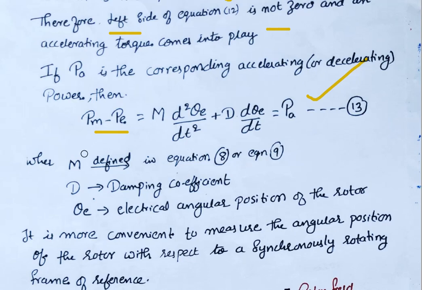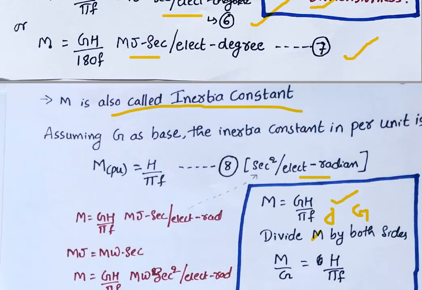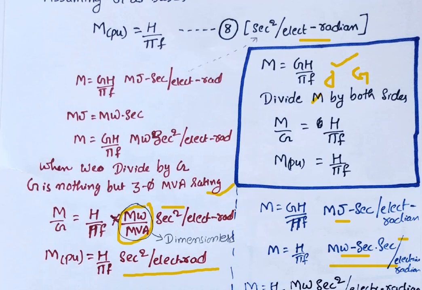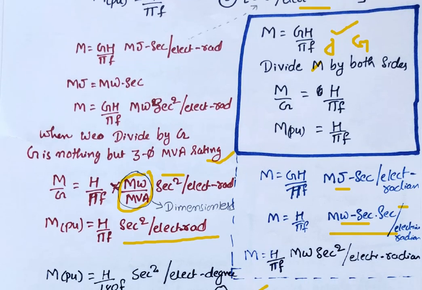So this M is defined in equations 8 and 9. Now where are equations 8 and 9? Yes, M is derived in equations 8 and 9. You can see M pu equals H by pi f, and if you want it in degrees, M pu equals H by 180 f. This is my equation 9.